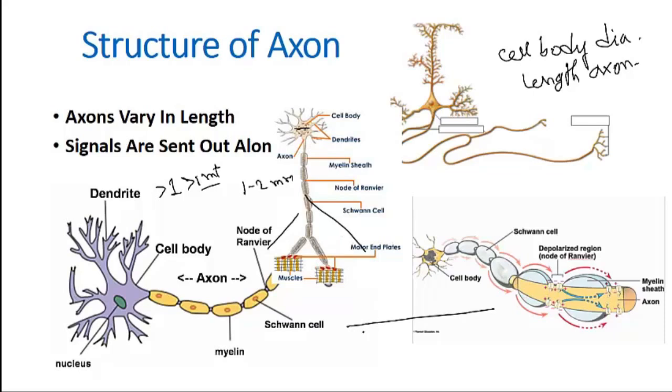Outside that, we insulate it with a coating, PVC or something, so that the transmission of the electric current works faster and better, and also for safety. The same thing happens for an axon.